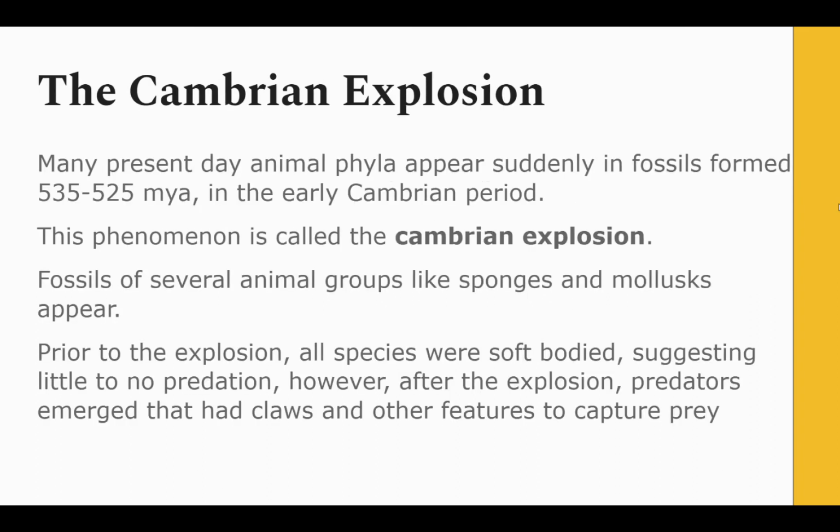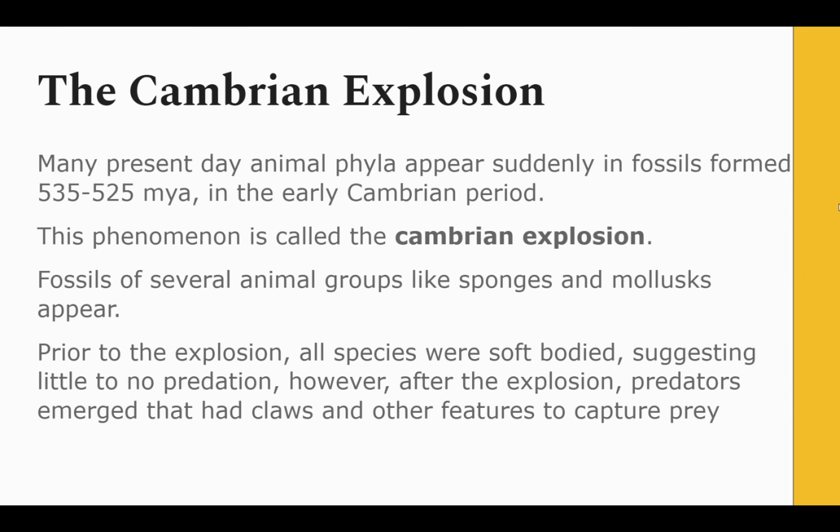So, this leads us to the Cambrian explosion. This is where we start seeing animal phyla appear in fossils in the early Cambrian period, which is 535 to 525 million years ago. So during this time, we've got a lot of animal groups that show up.